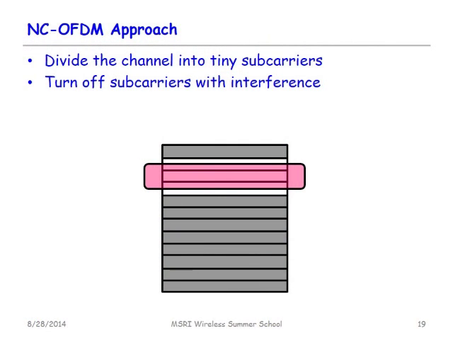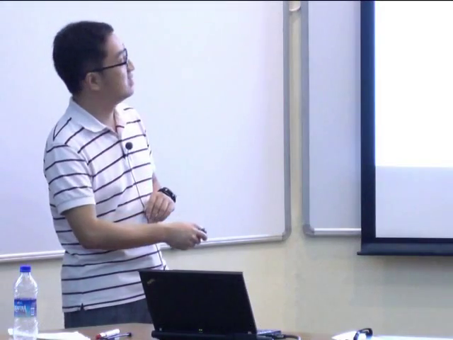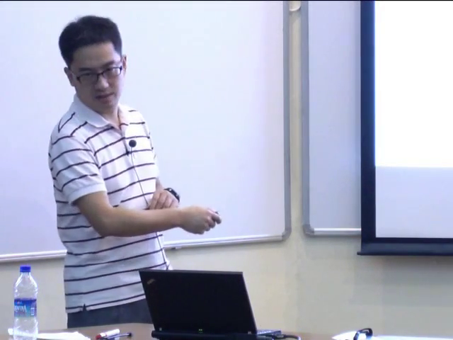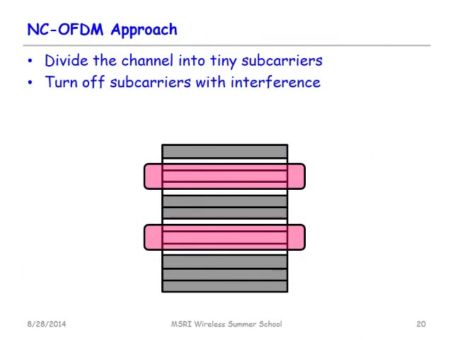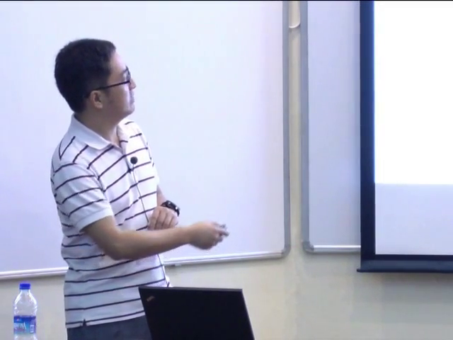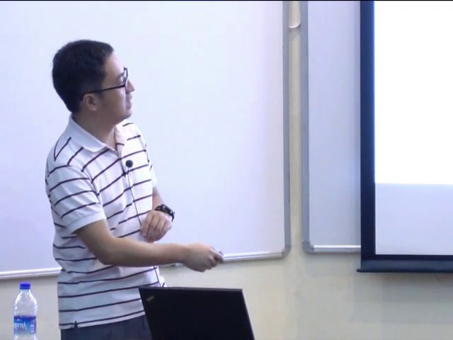If any interference occurs, it just occurs in some subcarriers, and we turn off those subcarriers. Where there's interference, I just mark these subcarriers and do not use them. Then we can use the remaining clean subcarriers for communication.